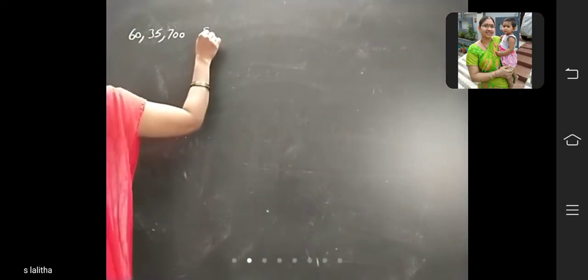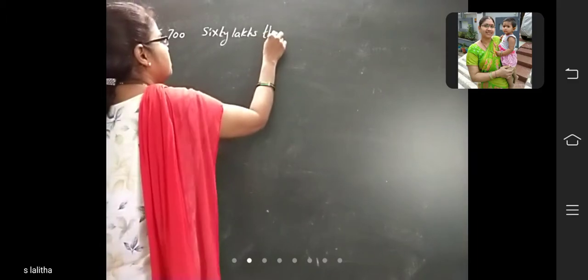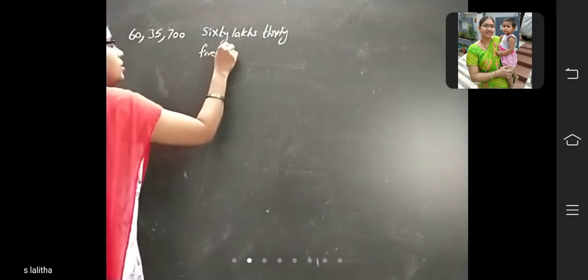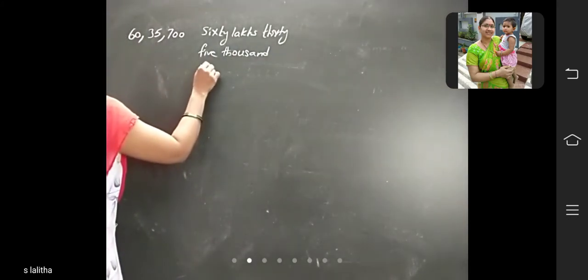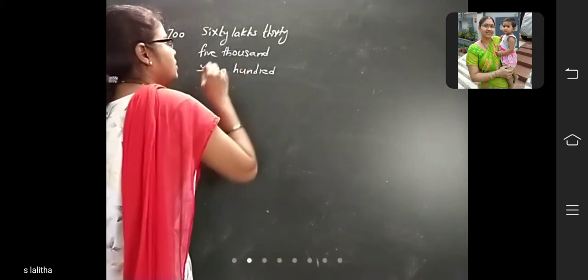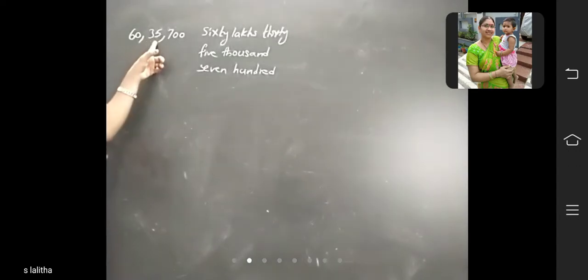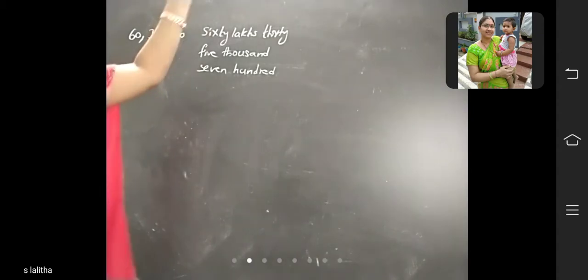So you should write the number name in the Indian system: 60 lakhs 35,700. Now you should write the number in the international system.